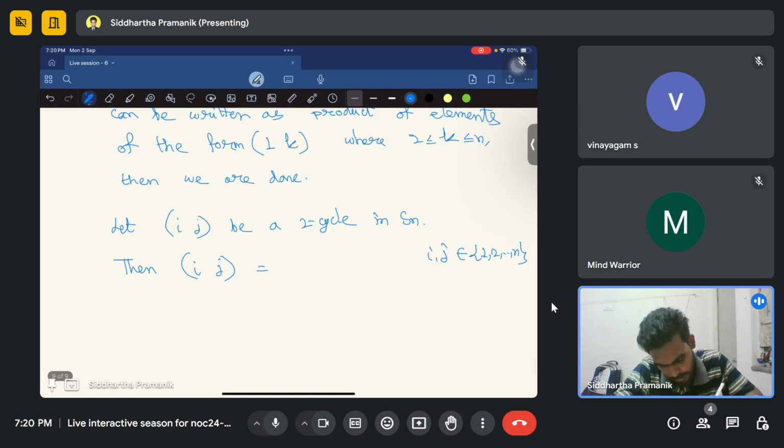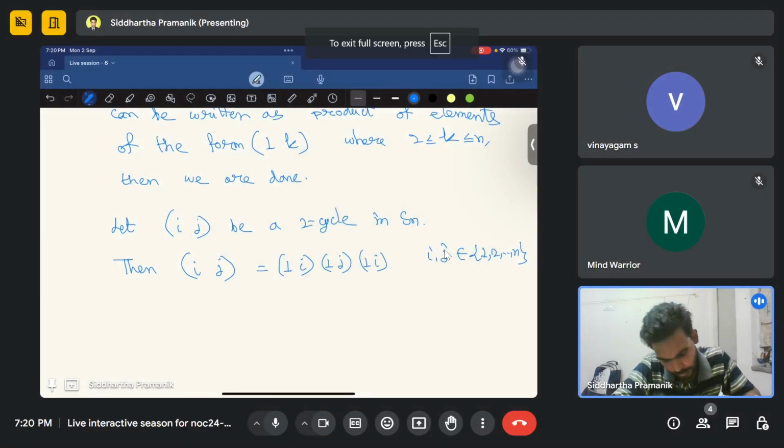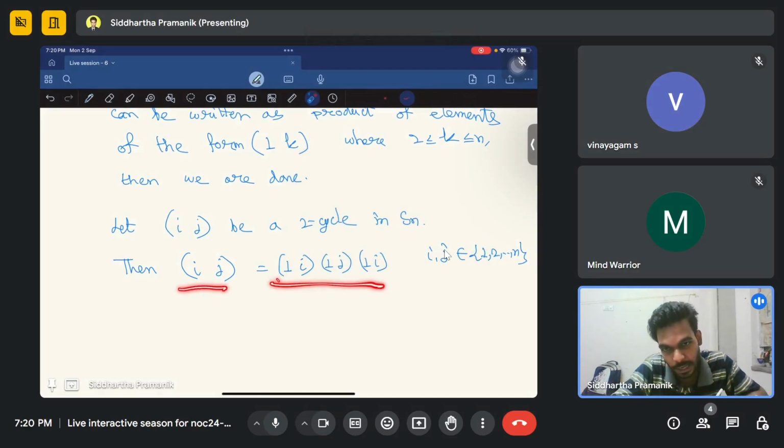So this can be written as (1 i) times (1 j) times (1 i). So you can verify that this product will give you (i j), this cycle ij.